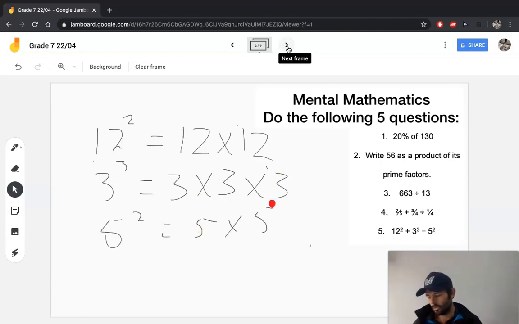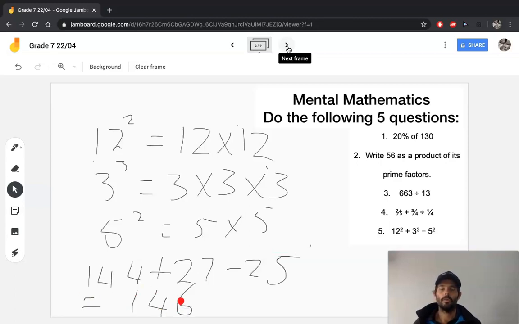So you know that 12 squared, 12 times 12, is 144. 3 cubed, 3 times 3 times 3, is 27. And we needed to subtract 25. And you should get an answer of 146.